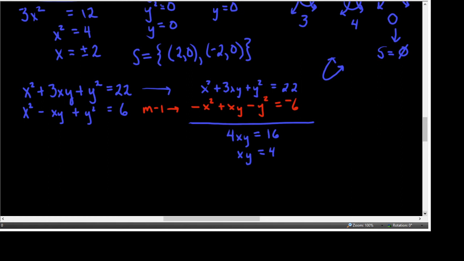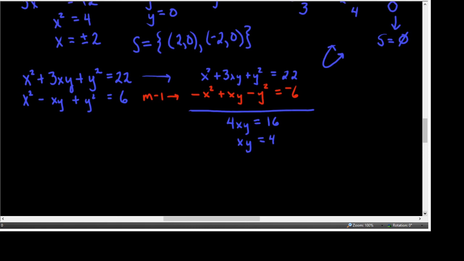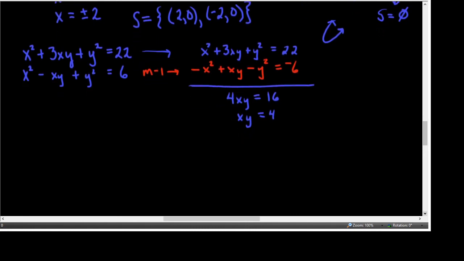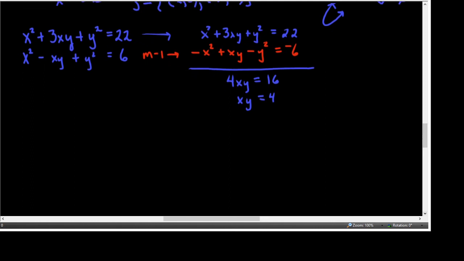And one thing you can do here is another technique of solving systems: you can solve this for one of the two variables. It doesn't matter which one. I'll solve for y by dividing both sides by x. And then you can substitute for y in either of those two equations with 4 over x.